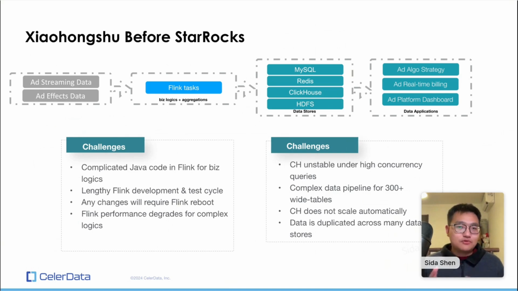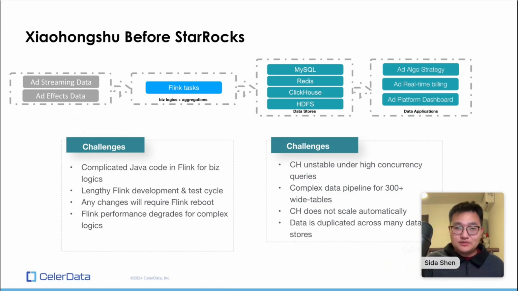And so in Xiaohongshu's case, all of the joins needed to be denormalized, right? And that needed to be done with stateful Flink tasks, and that puts a lot of pressure on their Flink cluster, right? And that lengthened their Flink development and testing cycle, right?